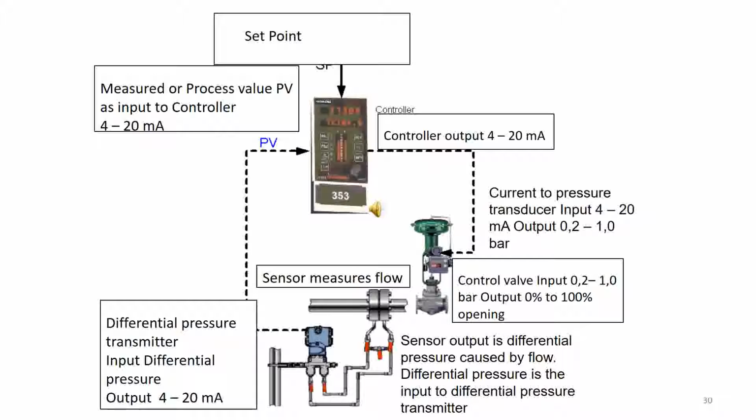Controller has a set point given manually by operator, one input in our case flow signal and one output to the control valve. If there is a difference between set point and flow signal, controller changes its output to the control valve. Control valve is pneumatic, so output signal 4 to 20 milliamperes from controller is transformed into 0.2 to 1 bar signal in current to pressure transducer.